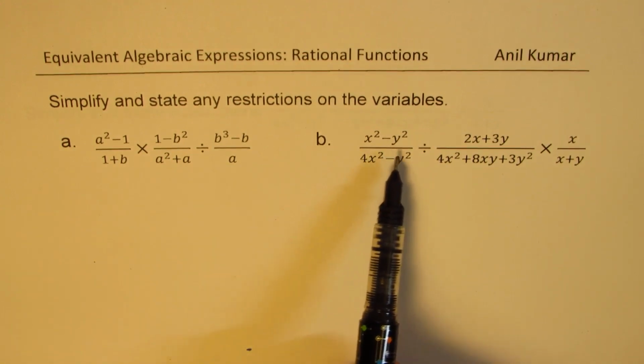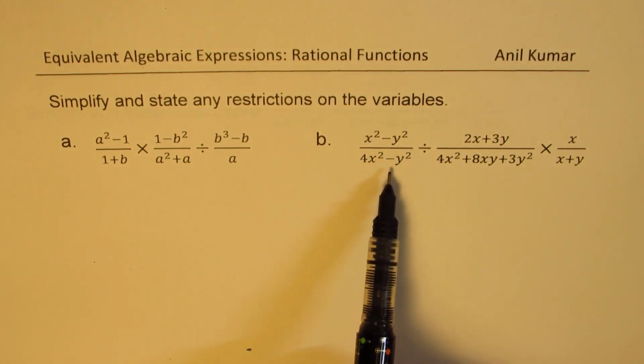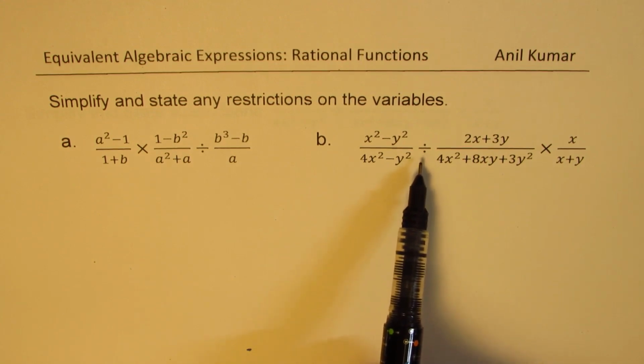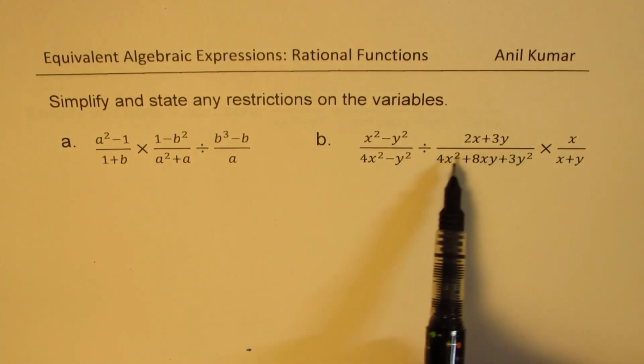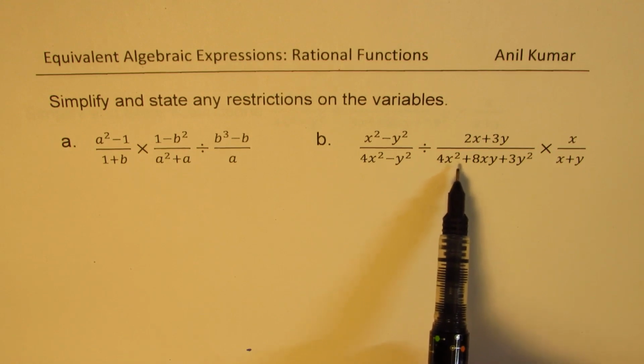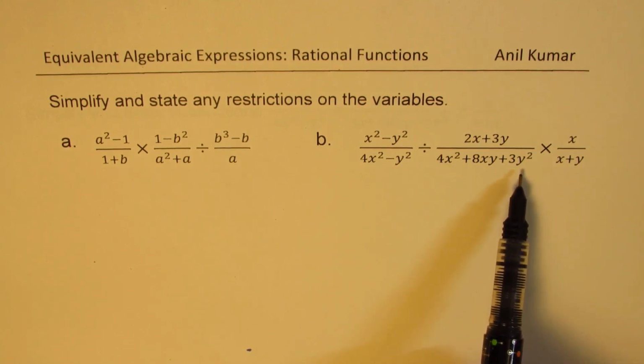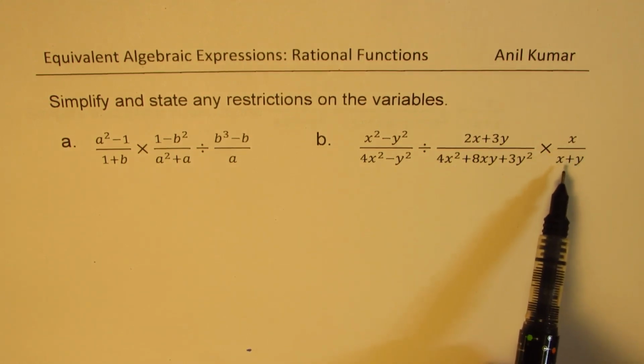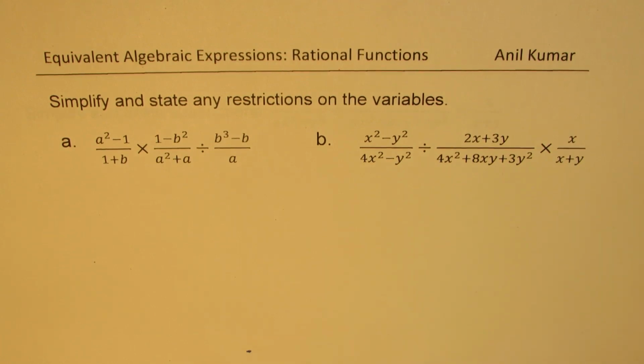And b is (x square minus y square) divided by (4x square minus y square) divided by (2x plus 3y) over (4x square plus 8xy plus 3y square) times x over (x plus y). You can always pause the video, answer this question, and then look into my suggestions.